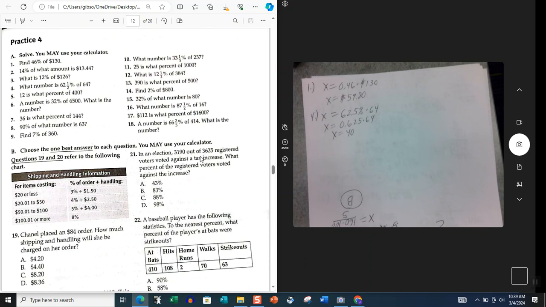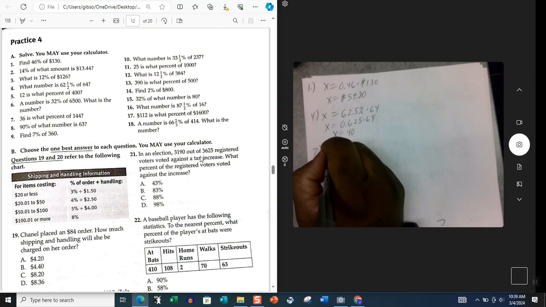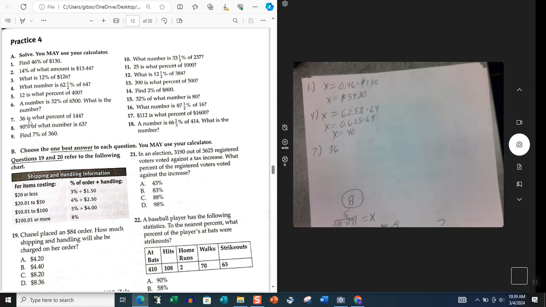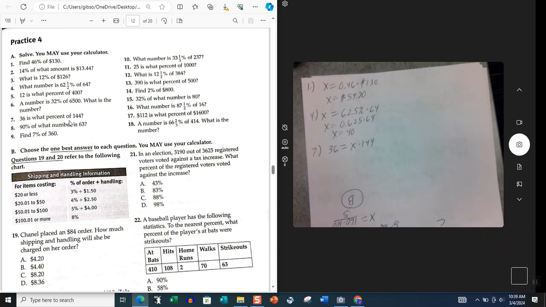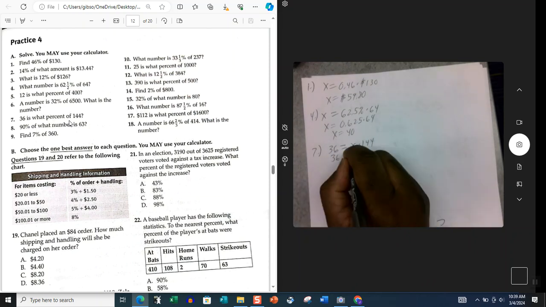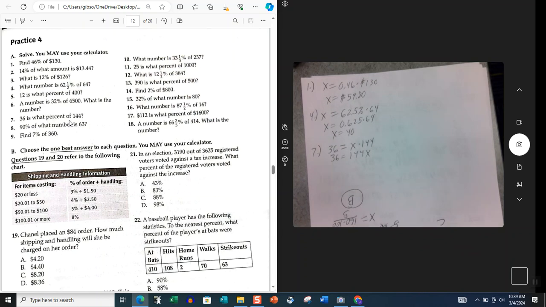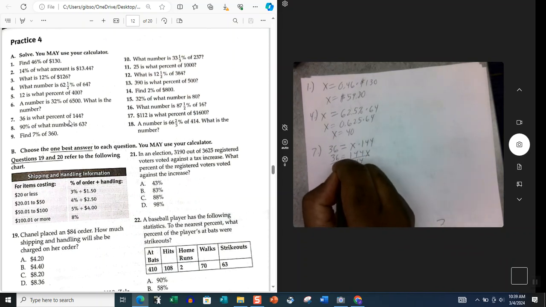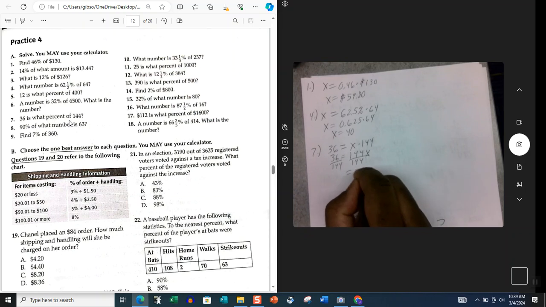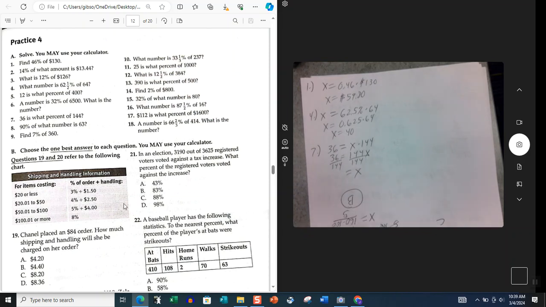Okay, let's look at number 7. It says 36 is what percent, which is x, of 144. So we had 36 is equal to 144x. We divide each side by 144, and we will have 36 divided by 144 is equal to x.